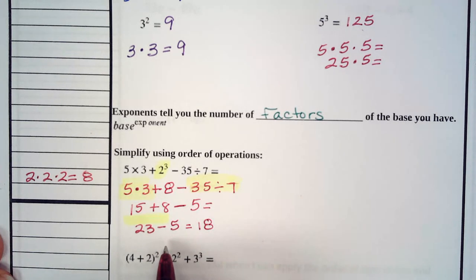How do I do it so quickly? Well, I look at this. 5 is 3 plus 2. So 23 minus 3 is 20. 20 minus 2 more is 18.